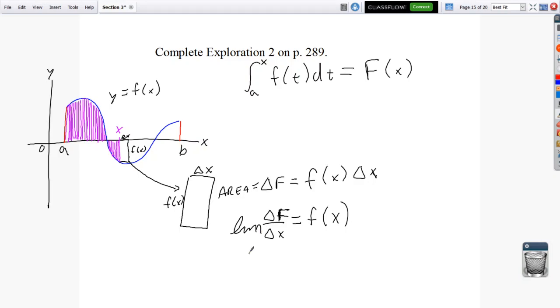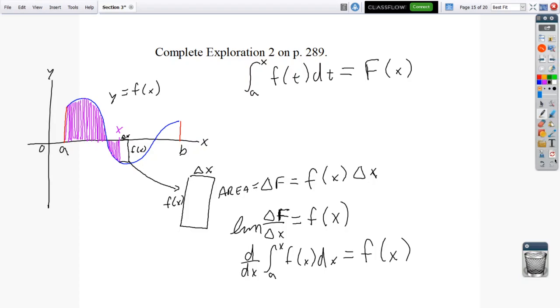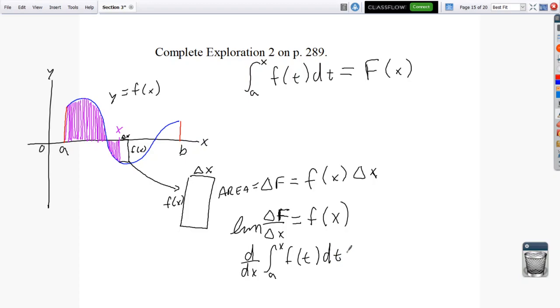That makes F prime, also known as d/dx of F. Well, we defined F as the integral from a to x of f of x dx, which is equal to f of x. Wait, hold on, no. I did a big oopsie here. We talked about this oopsie. The variable in the integrand can't match the upper limit. So this has to be f of t dt.